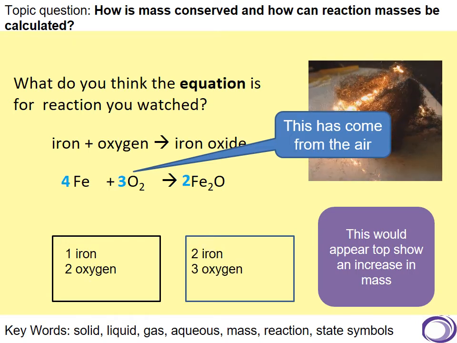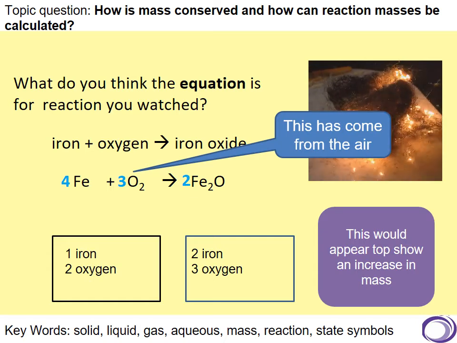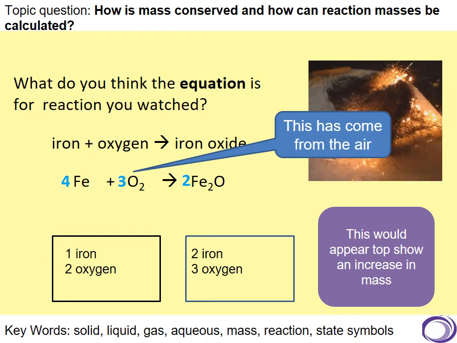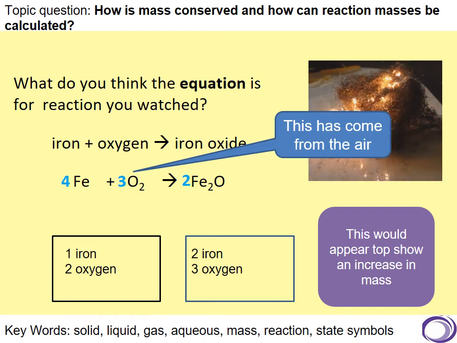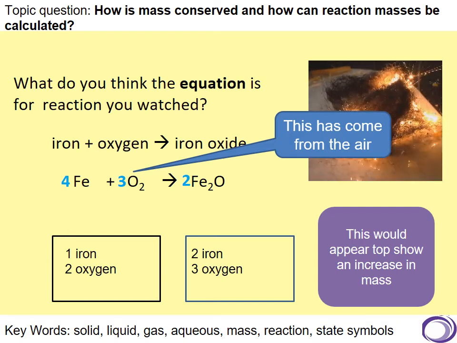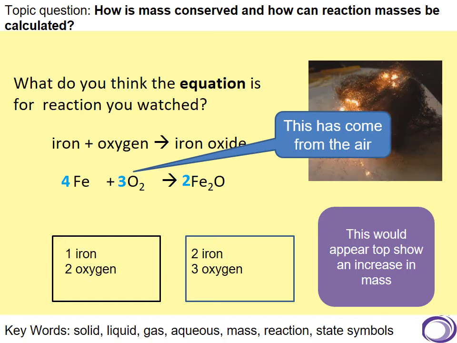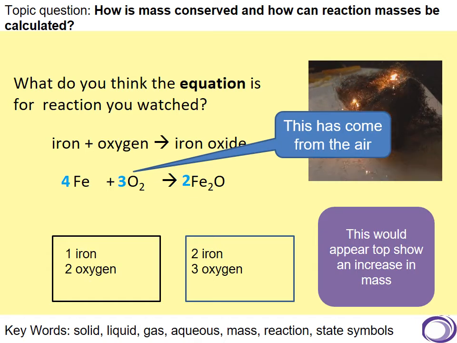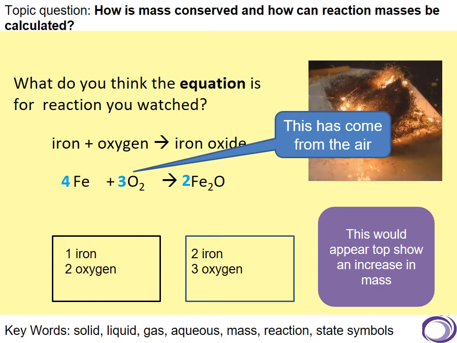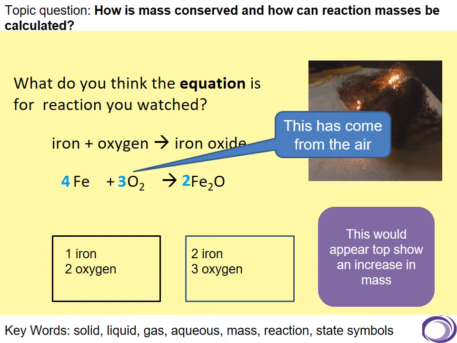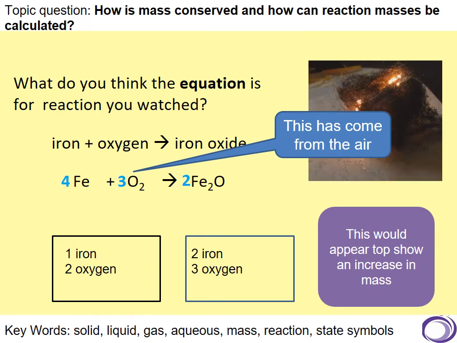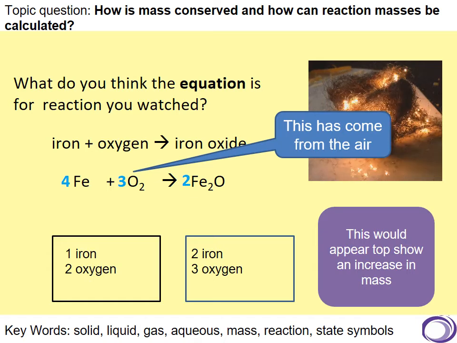And we can balance the equation to show that 4 atoms of iron react with 3 molecules of oxygen to form 2 molecules of iron oxide. Because we'd originally started with the iron, if we did this on a balance, it would appear that mass had increased because the oxygen is adding to the iron, and when they combine you are adding 2 masses together.